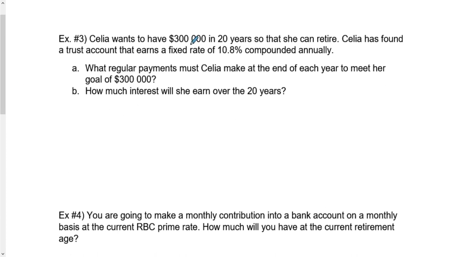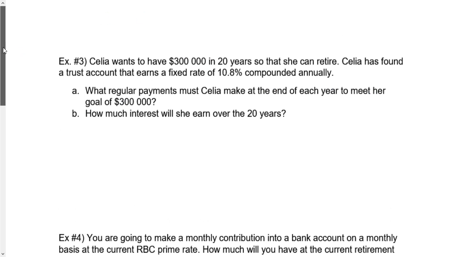Celia wants to have $300,000 in 20 years so that she can retire. Celia has found a trust account that earns a fixed rate of 10.8% compounded annually. What regular payments must Celia make at the end of each year to meet her goal of $300,000? So I'm just going to write down our formula for a regular investment because she's making regular payments into this account.